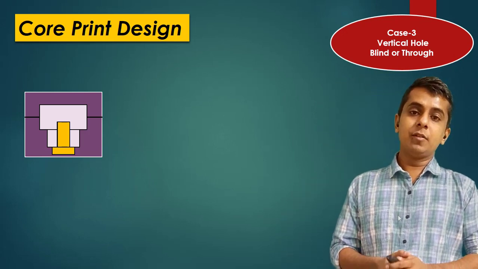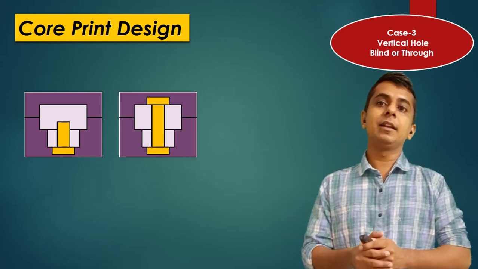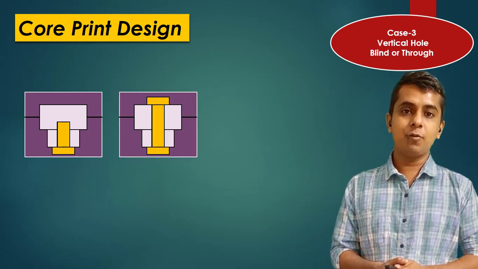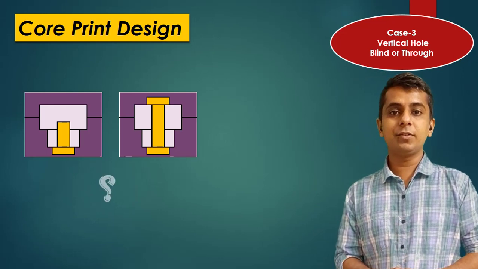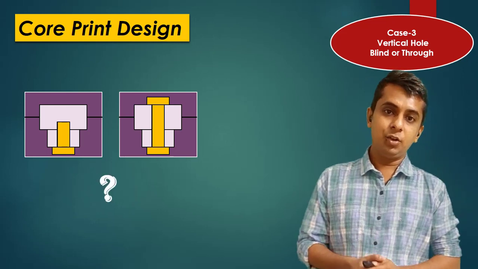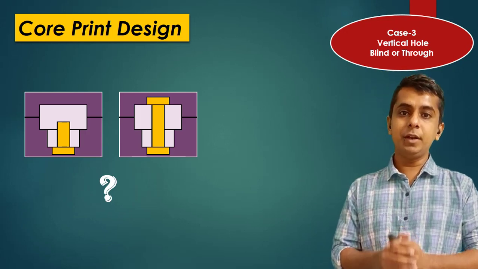And for the same vertical orientation, if the hole is through, then the placement of core and core print will be like this. So what changes do you need to make for the design of core and core print?